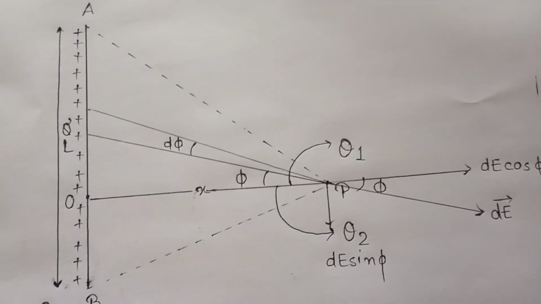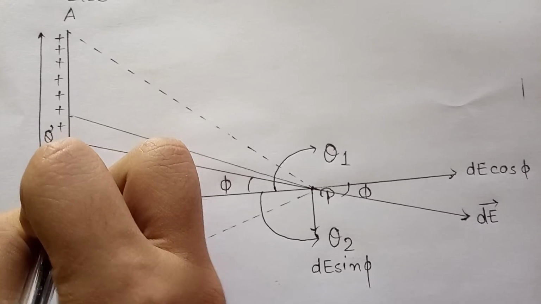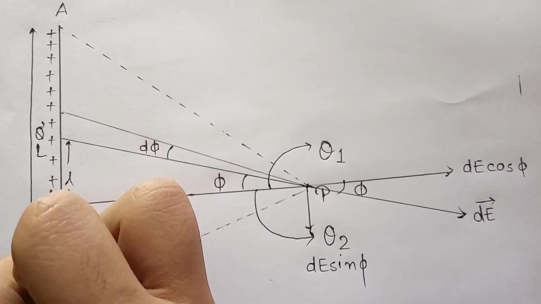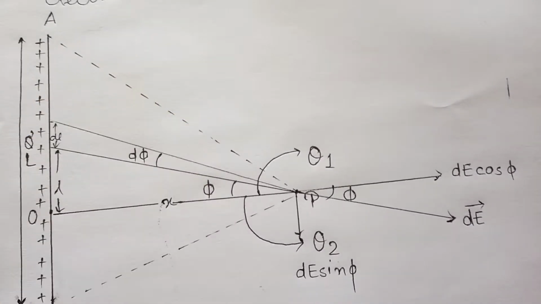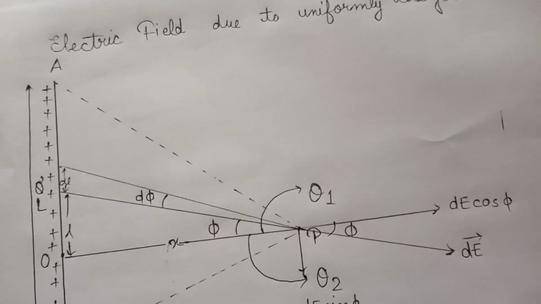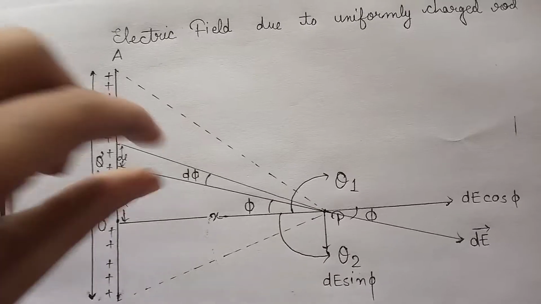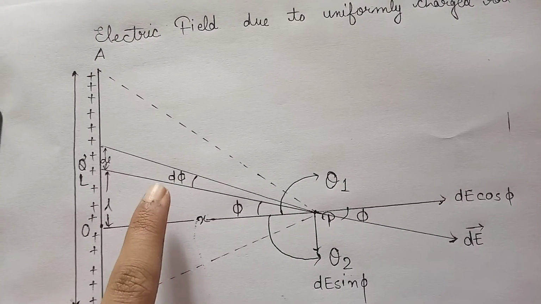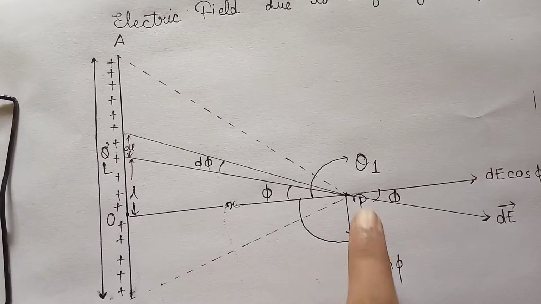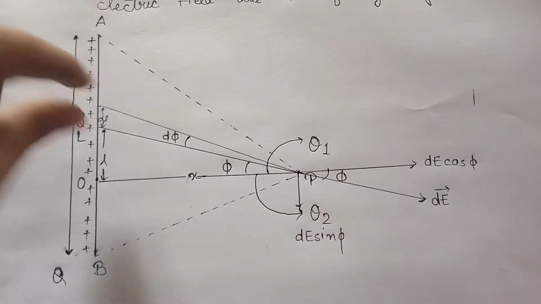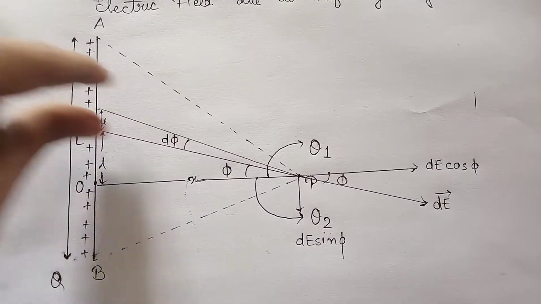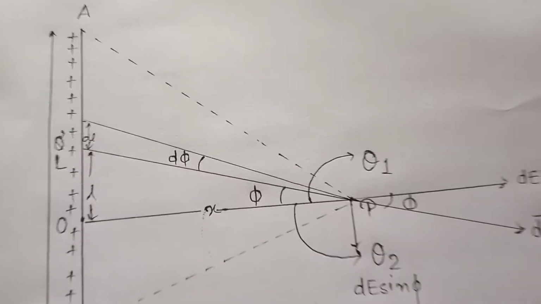This length is small l and this is dl. The small component is at phi angle up from the horizontal, and its own small angle is d phi.